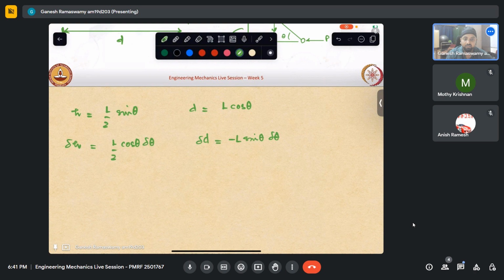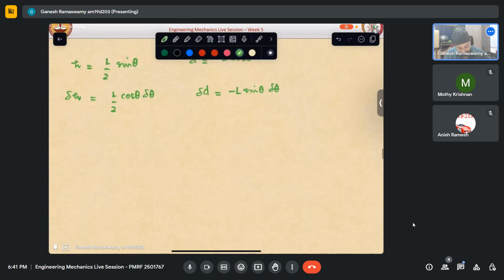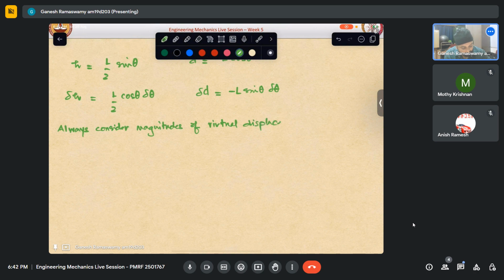Now, one thing to remember is that we should always consider magnitudes of virtual displacement, and assign the sign to virtual work based on the physics of the problem.